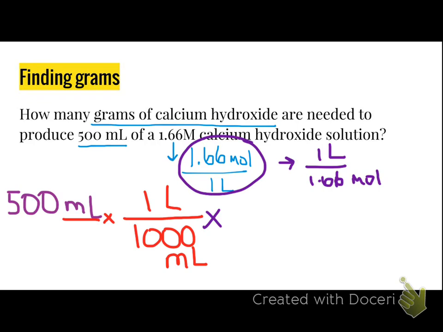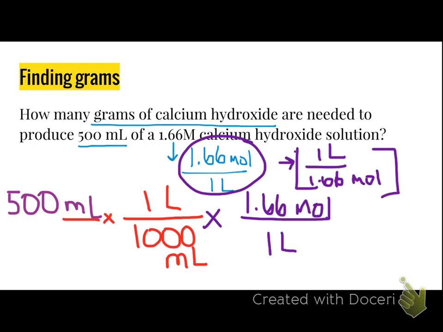It's just an equivalent statement or a conversion factor, so you can flip them because they're equal. We need liters to be on the bottom, which it's already set up that way, but if we needed to, we could have flipped it. 0.166 moles per 1 liter.